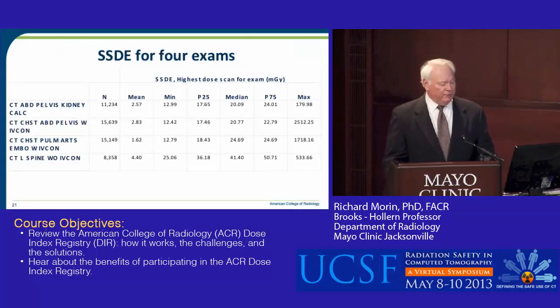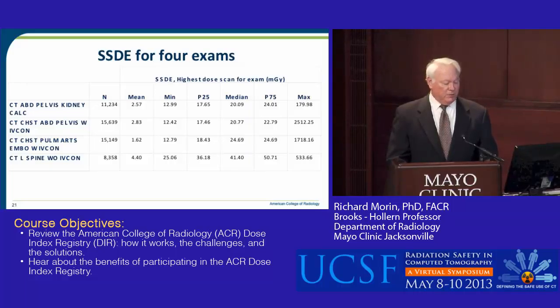So these are the data for 4 of the most popular scans that did have size-specific dose estimations. You can see that the range still has a rather substantial order of magnitude difference, and that's usually because either the lowest number was a bolus testing, a circulation testing with a bolus or something like that, which is low, or they added on another test during the same exam.